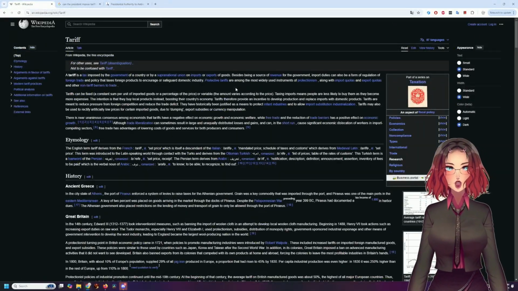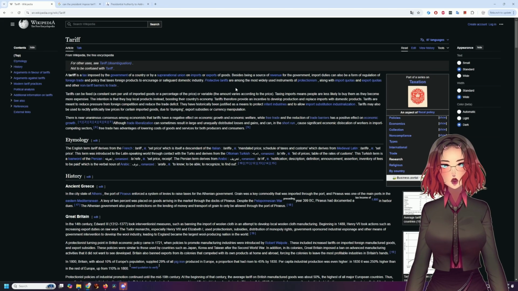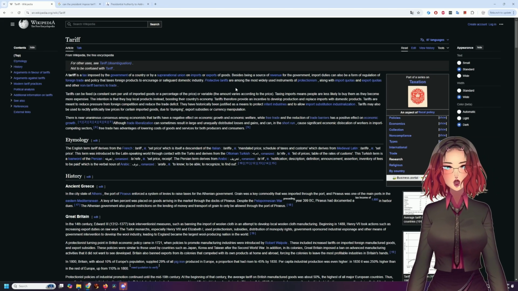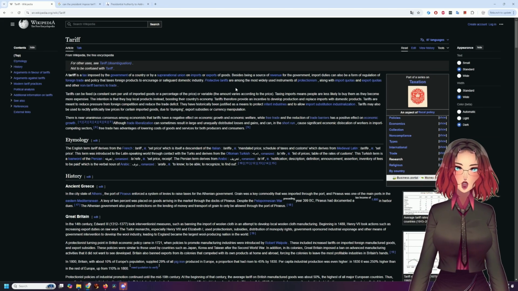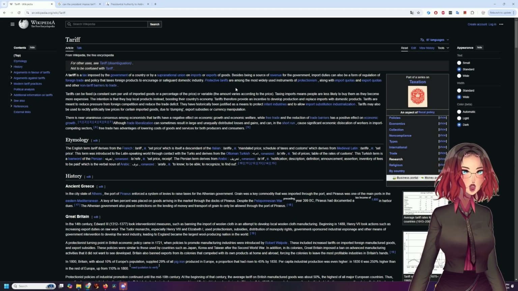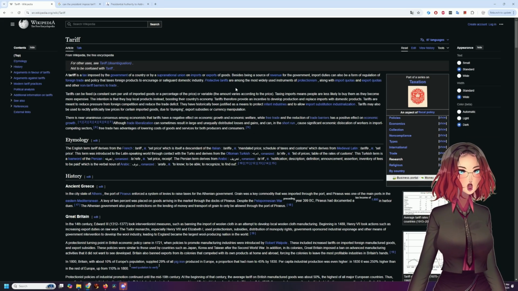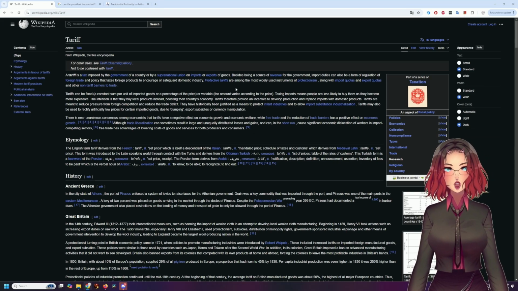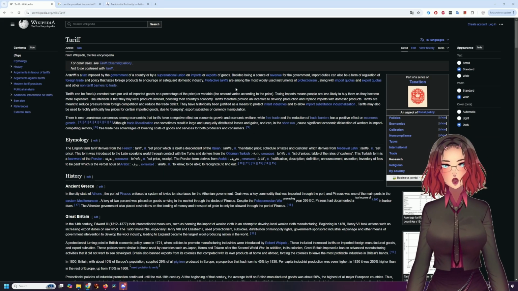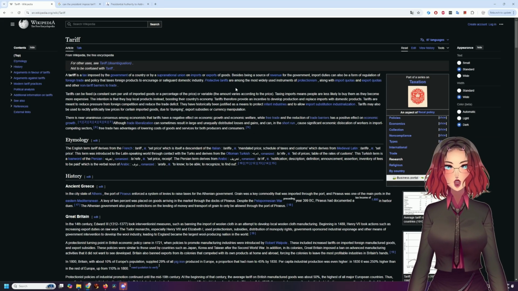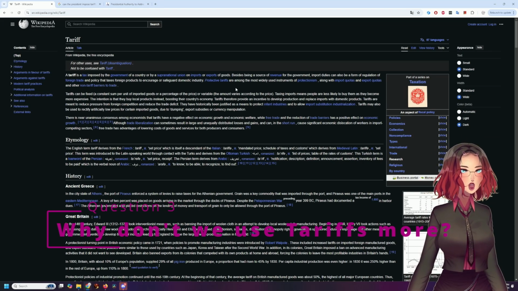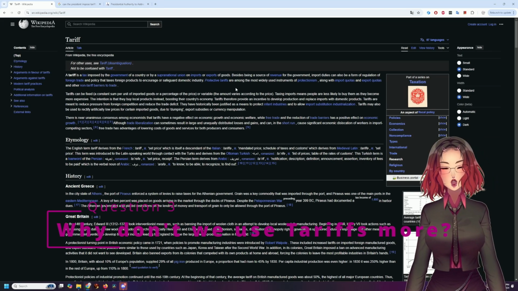In China's case, they were specifically making it so it would be cheaper than anywhere else in the world. So, that is what a tariff does. It's used to prop up your own industry so it can compete, usually in an unfair situation with an outside entity. Having said that, why do we not use tariffs more often?